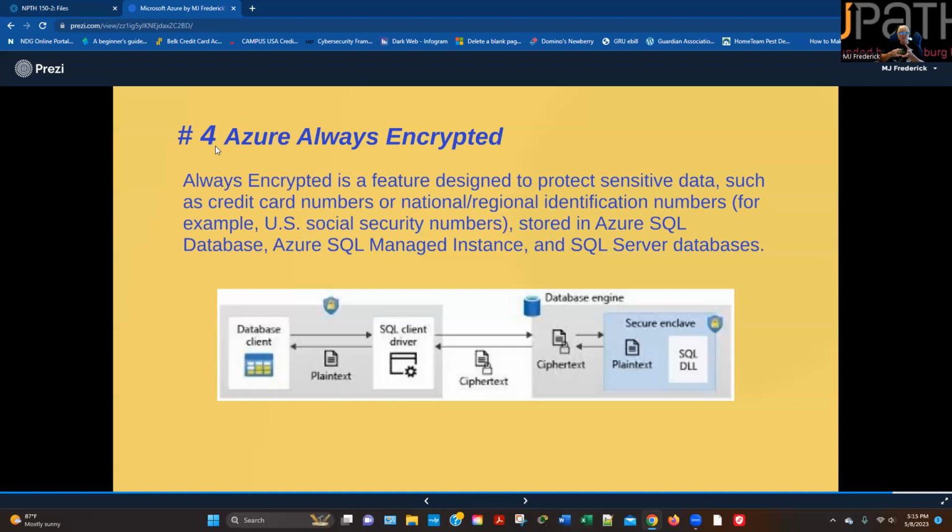So an example here is we see a database client with plain text that's being sent along, and it gets encrypted with the SQL client driver. Okay, becoming that ciphertext as it keeps moving along till it gets to the database engine, or what we call the dynamic link library of SQL, and it stays encapsulated until it is given permission to be opened by wherever it's going, and then it goes to plain text.